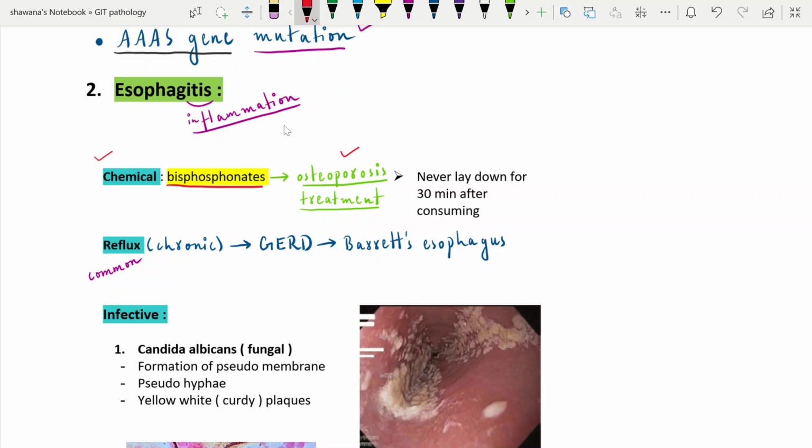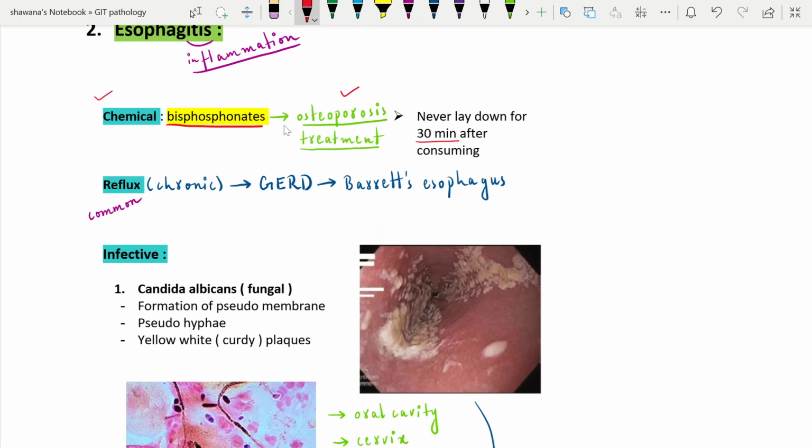The bone becomes porous and density is reduced, but this is not our topic for today. Bisphosphonates are used for women who suffer from osteoporosis, and whenever the physician prescribes bisphosphonates, they also mention to never lie down for 30 minutes after consuming the bisphosphonate chemicals, because they can cause inflammation in the esophagus. The second is reflux.